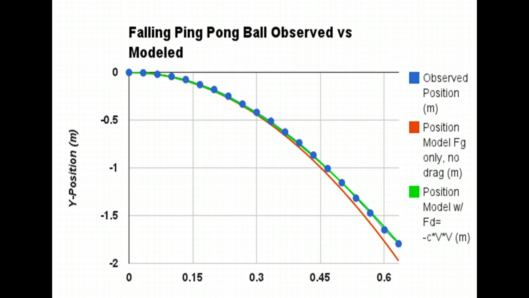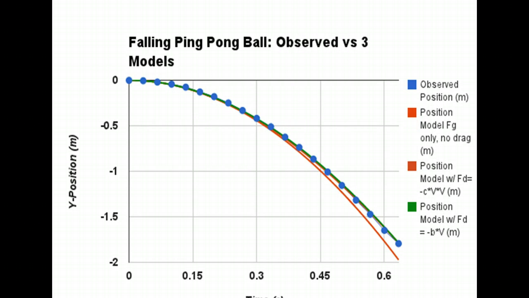Once that was done and the constant set, this is the falling ping pong ball observed versus modeled for the model assigned in the lab, with the drag force proportional to the square of the velocity. The match is very good for all the points, a little bit of a wiggle down at the end, but that may be observational. It looks like error because the ball becomes quite blurred.